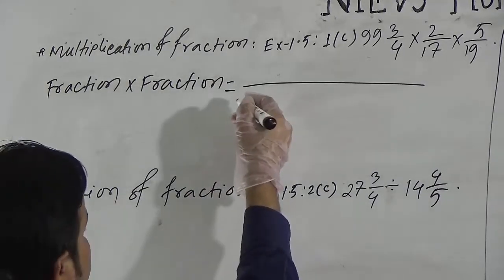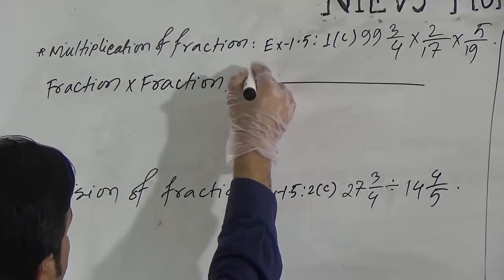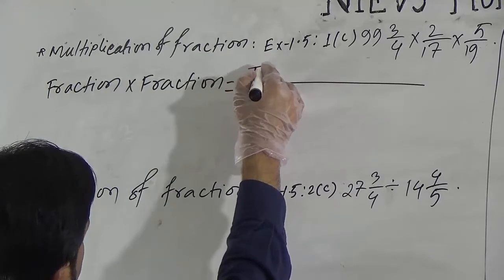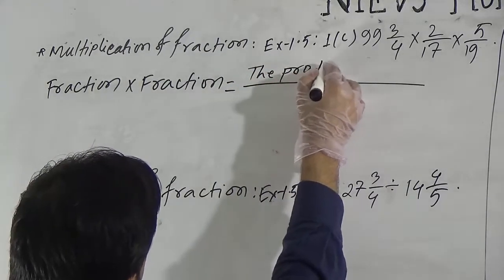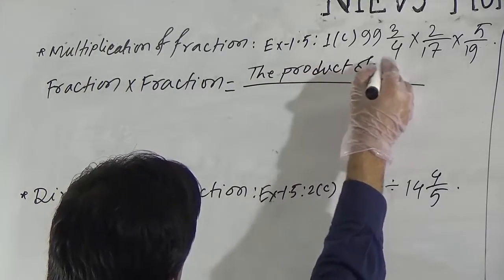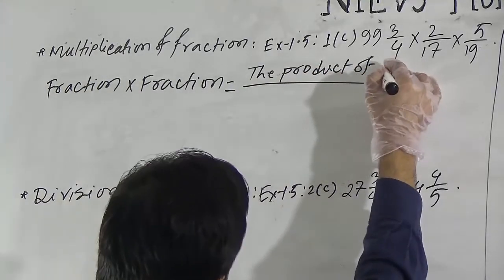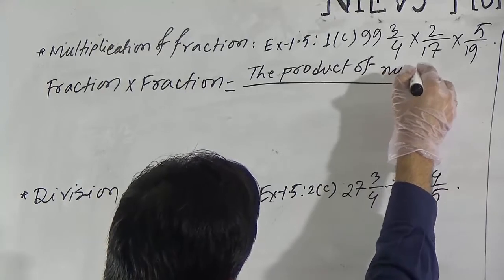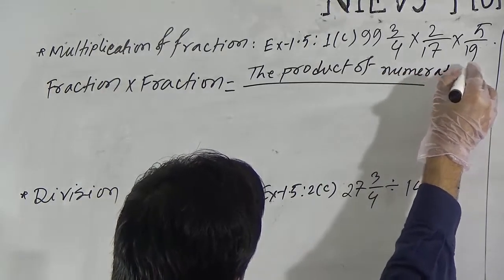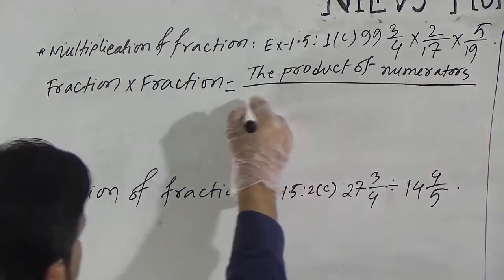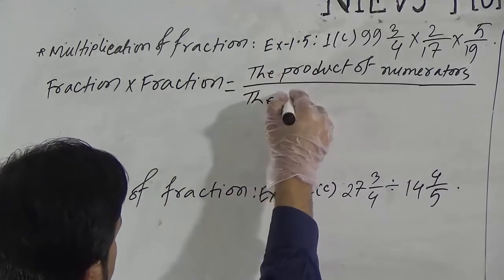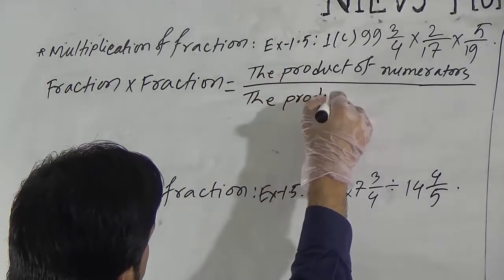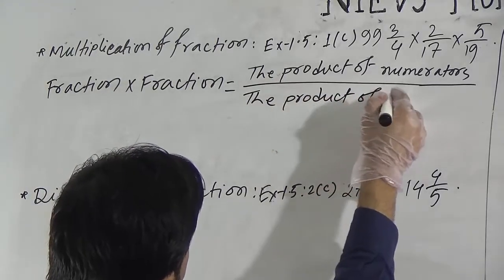So in the numerator will be the product of numerators, and in the denominator will be the product of denominators.